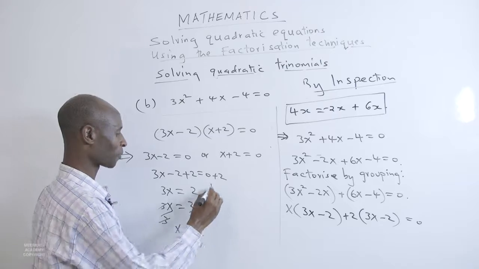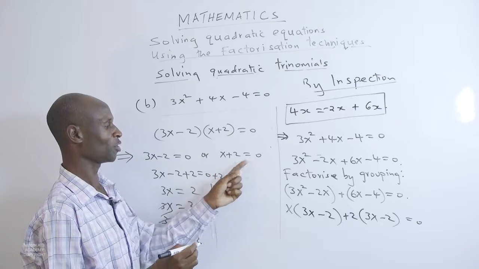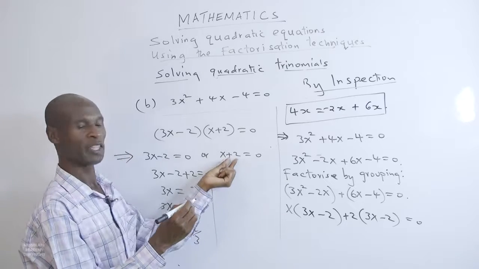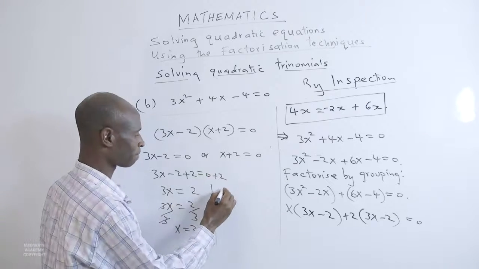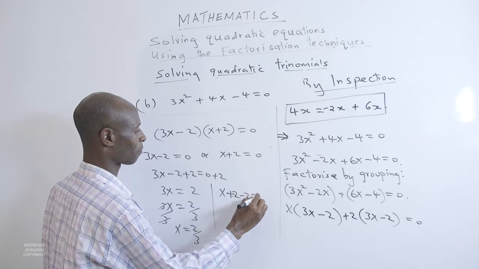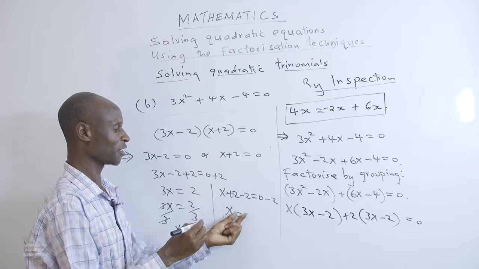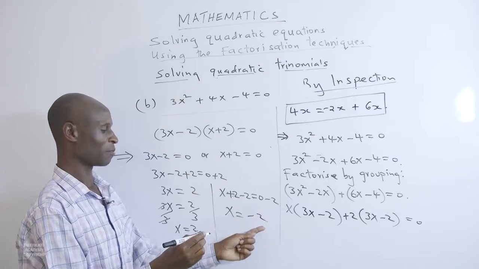Then finally, we find the value of x for the second linear factor, x plus 2 is equal to 0. So we subtract 2 from both sides. On the left-hand side, we shall have x is equal to 0 minus 2, which is minus 2.